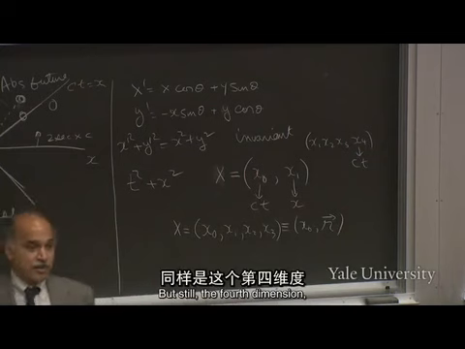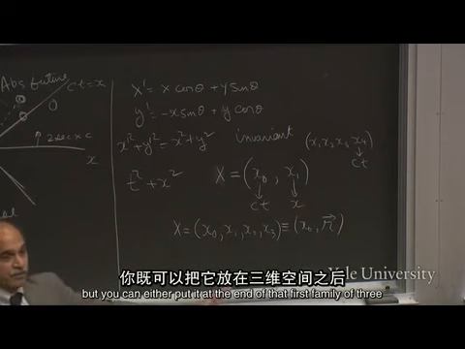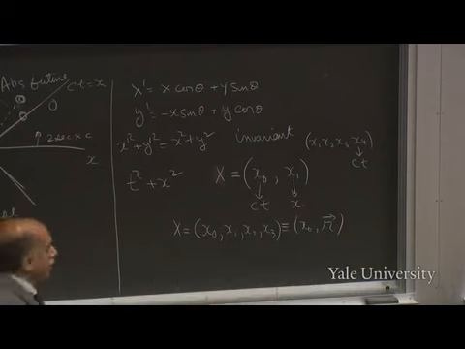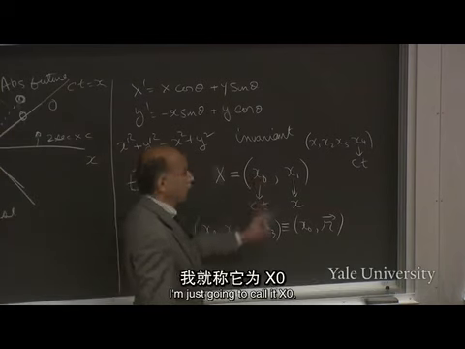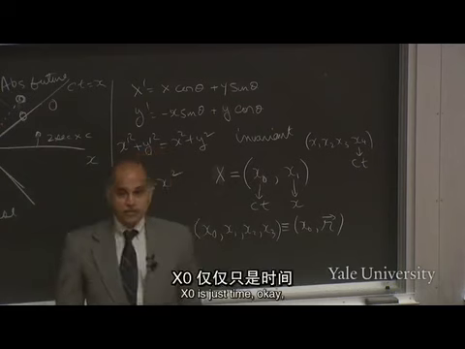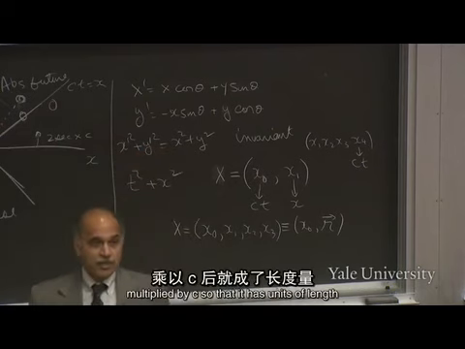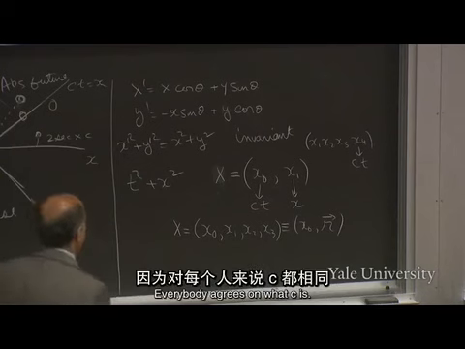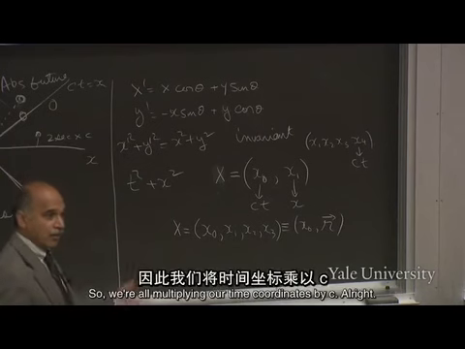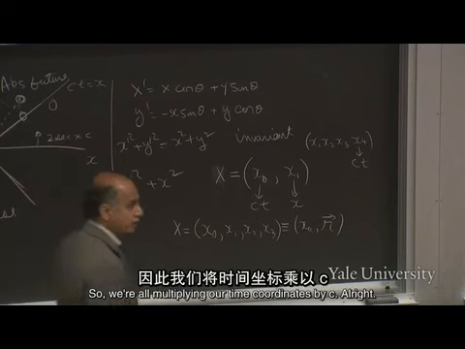Well, it's still the 4th dimension, but you can either put it at the end of the first familiar 3 or at the beginning. So it's very common for people to use either notation. I'm just going to call it x0. So x0 is just time, okay? Multiplied by c so that it has units of length. And multiplying by c doesn't do anything. Everybody agrees on what c is. So we will all multiply our time coordinates by c.